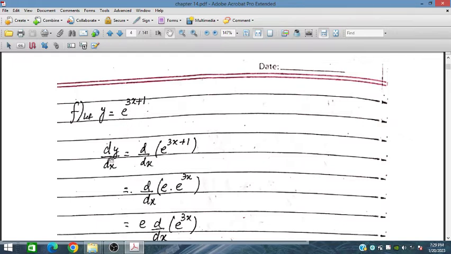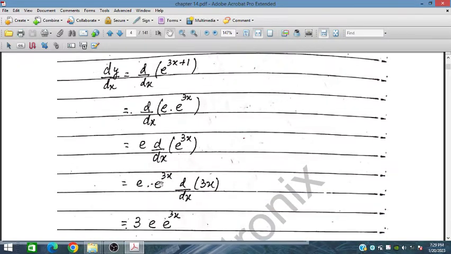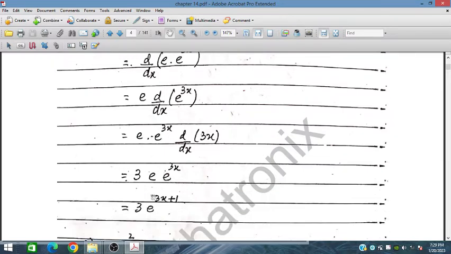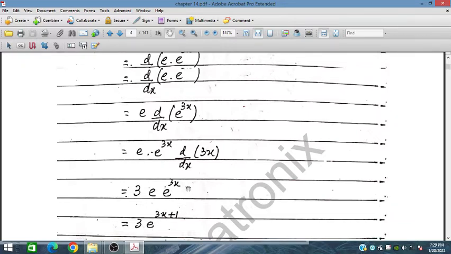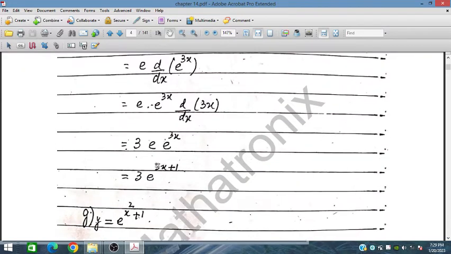So we differentiate this e power 3x, and e is here, and we differentiate 3x, and we have this e power 3x. So from here we have this 3. So 3 e power 3x plus 1. So we have this 3 times e power 3x. So this is the resultant.